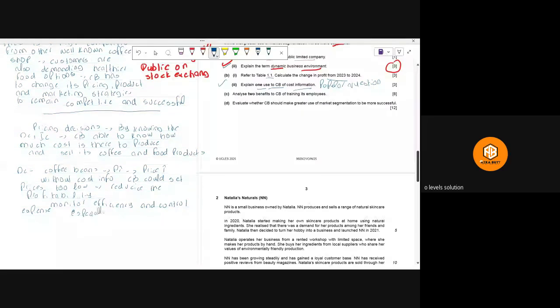Because if they are not able to decrease the prices, the competitors will be taking advantage of it. They will be reducing prices and they will be snatching the customers from the scene.